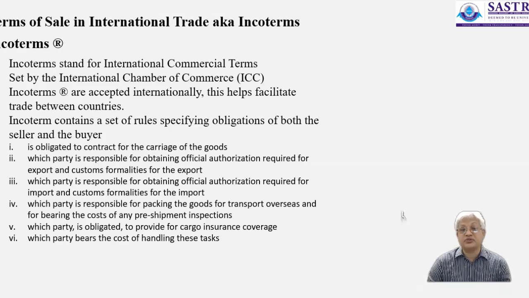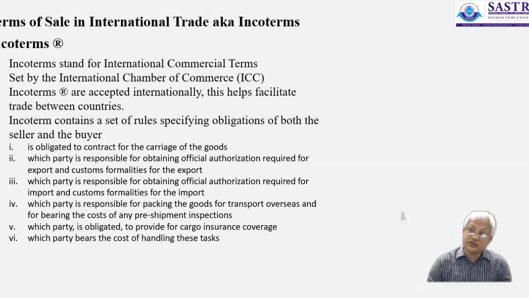Which party is responsible for authorization required for import and customs formalities for import? It also talks about which party is responsible for packing the goods for transport, and who bears the cost of any pre-shipment inspections.